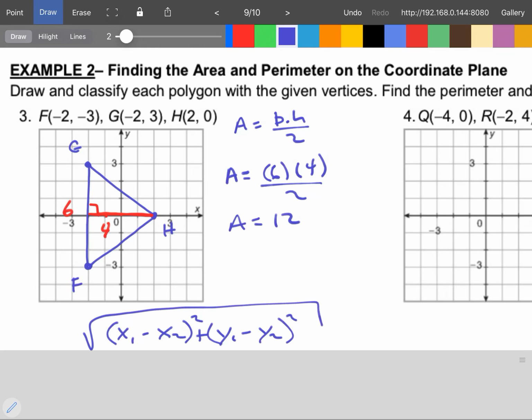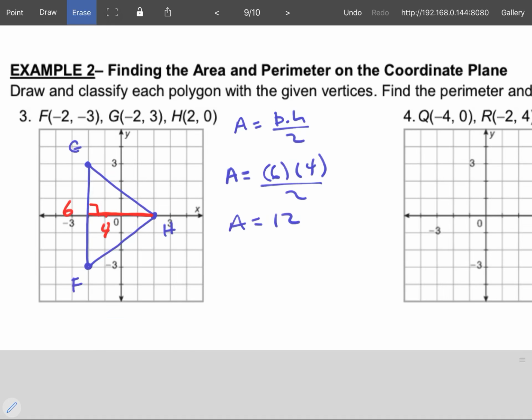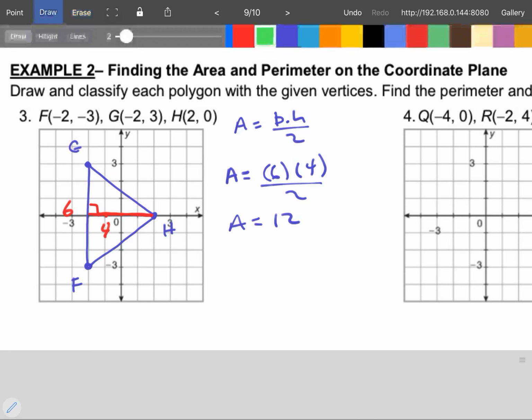But I don't think we need to do that. I think we'll just do it with Pythagorean theorem real quick. So let me erase that. To use Pythagorean theorem, we're just going to make a little triangle here, kind of like this. And we're just going to find the hypotenuse of that triangle, which would be our distance from F to H. We can count this side straight across here.